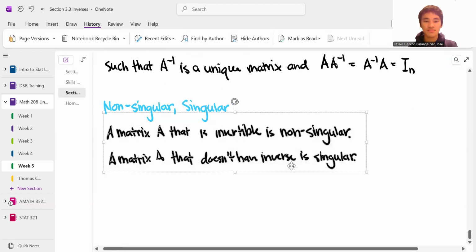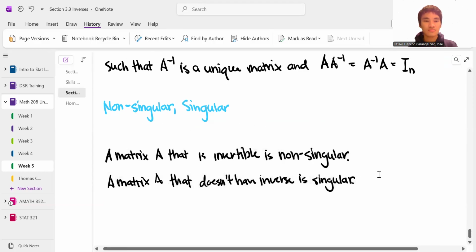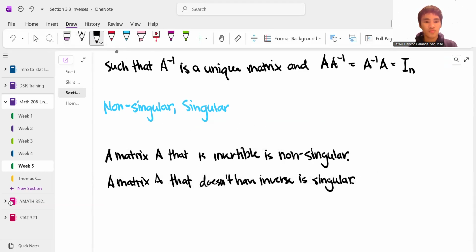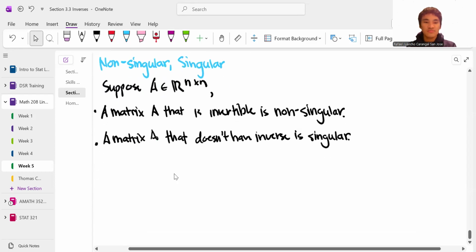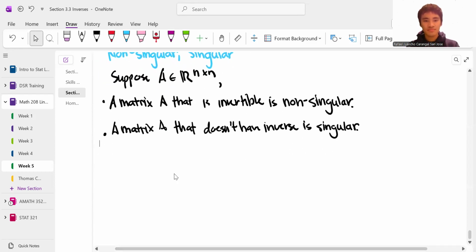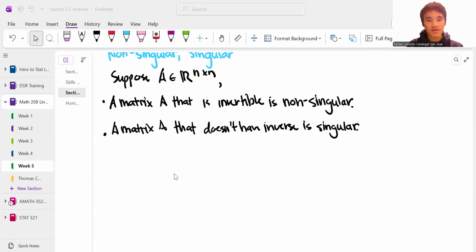Let's just say, suppose A is a square matrix n by n. Okay, so if it's invertible, it's non-singular, but if it's not invertible, it's singular. Okay, and we have another theorem here, which I think is pretty annoying.